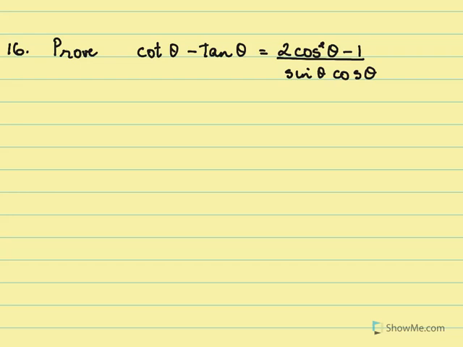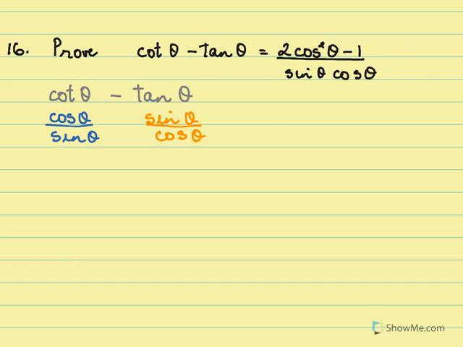Here again we need to prove the left hand side and the right hand side. So we start with cot theta minus tan theta. Now cot theta is cos theta over sine theta, and tan theta is just the reciprocal, it is sine theta over cos theta. Now it's time to take the LCM.